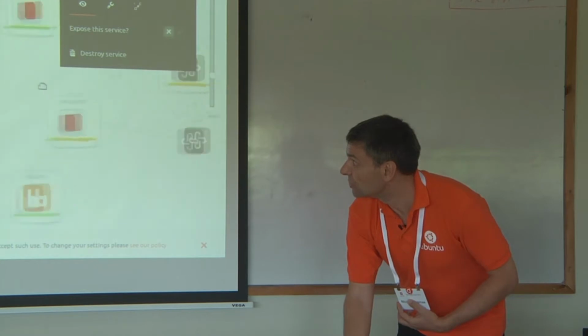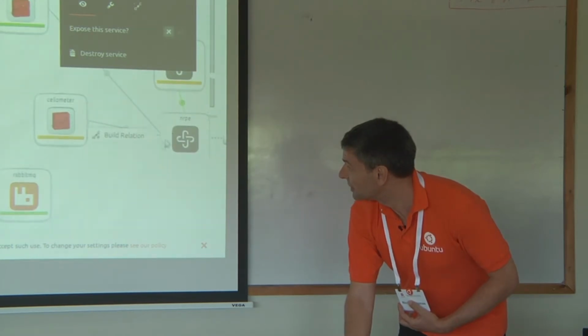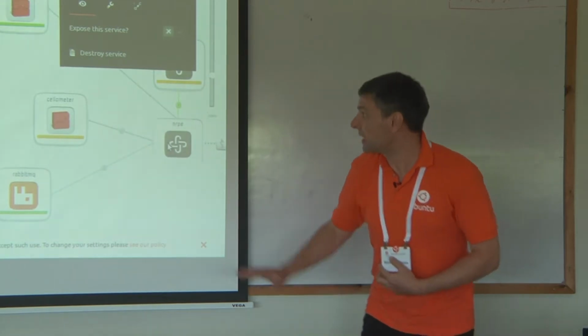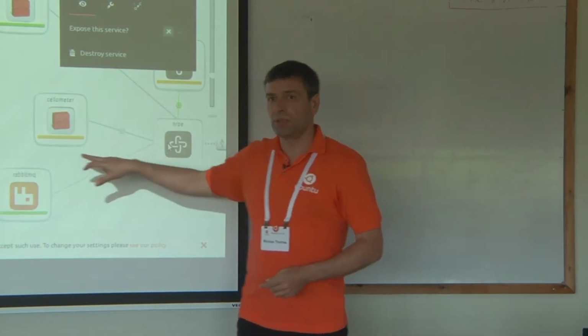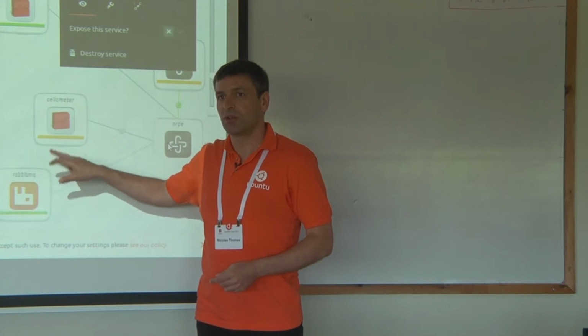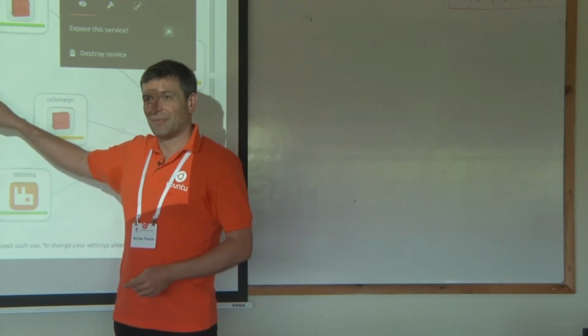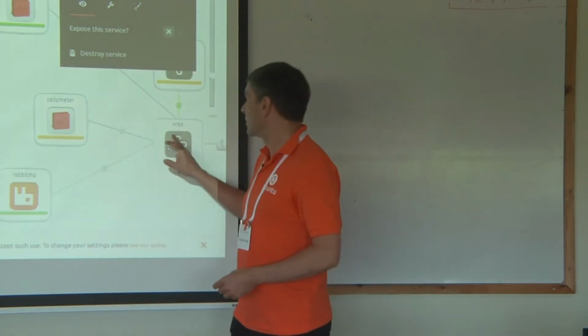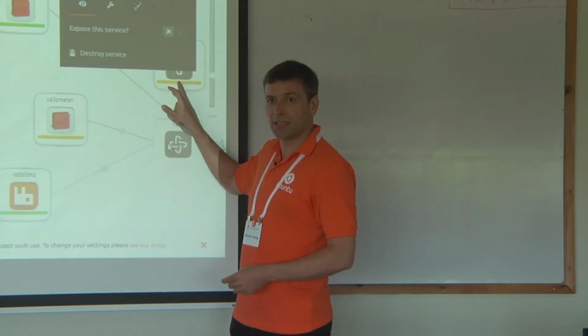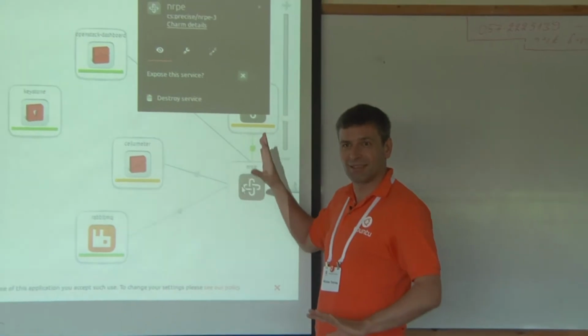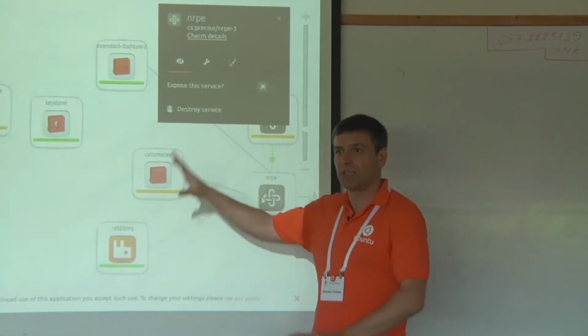Of course, I can do all that with the CLI. And what that charm is going to do is configure NRPE agents on all the units of all those services for you, and then connect to a real Nagios that I deployed here, being able to monitor your complete environment.